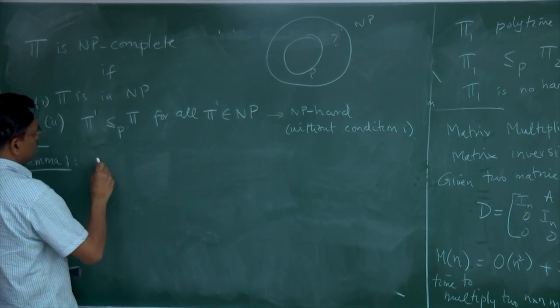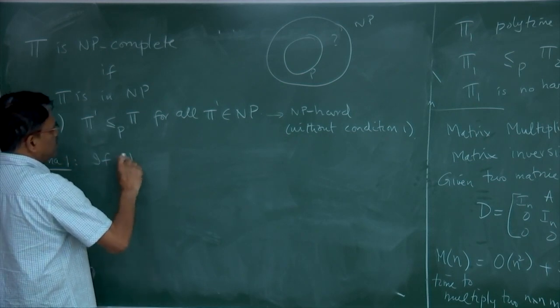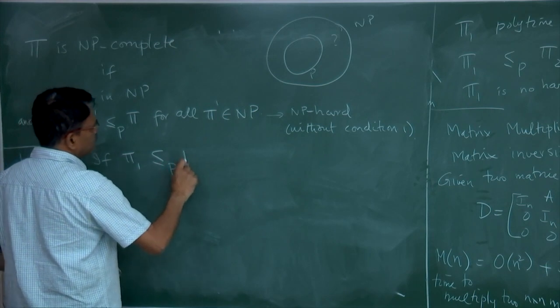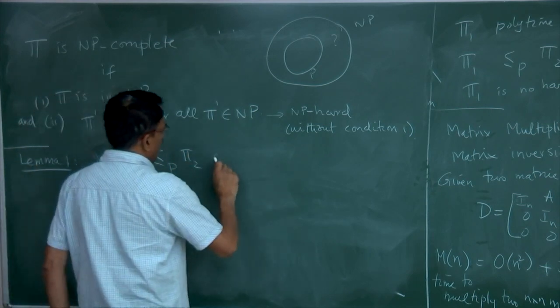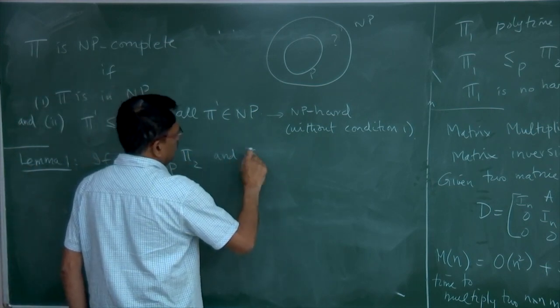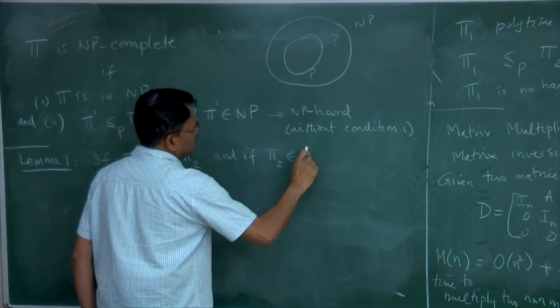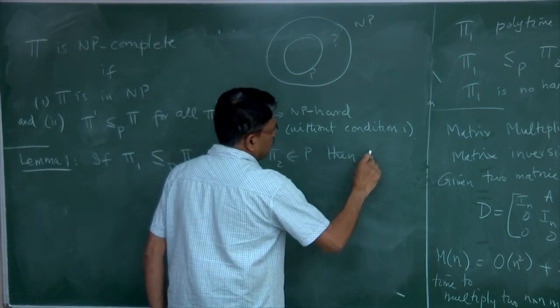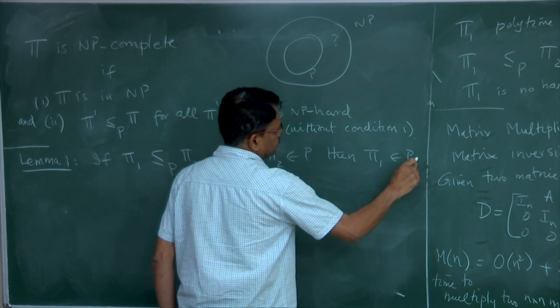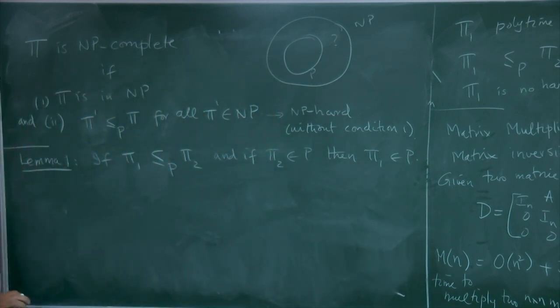This is just a property of the reduction, right? If pi 1 is polynomial time reducible to pi 2, and if pi 2 is in P, then pi 1 is in P. This is the motivation for which we even define this notion of polynomial time reduction.